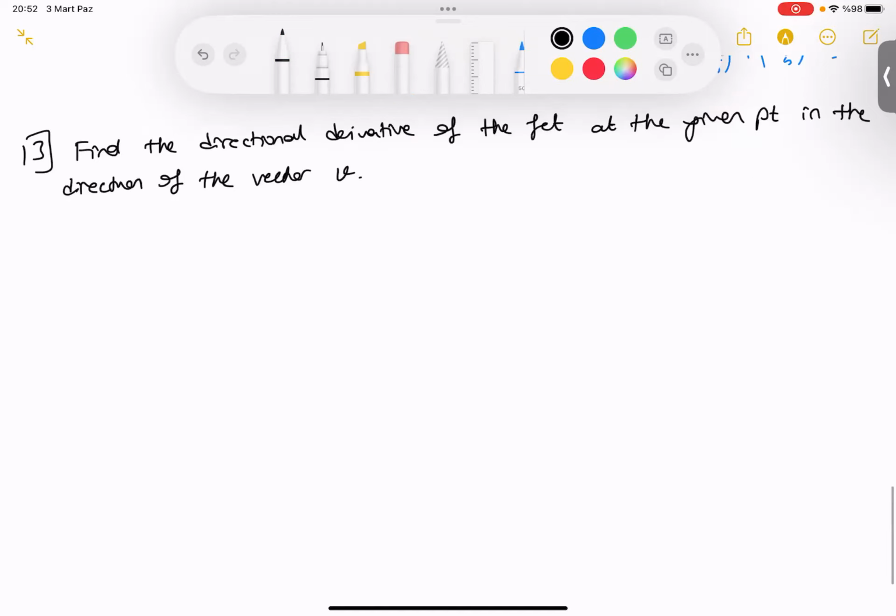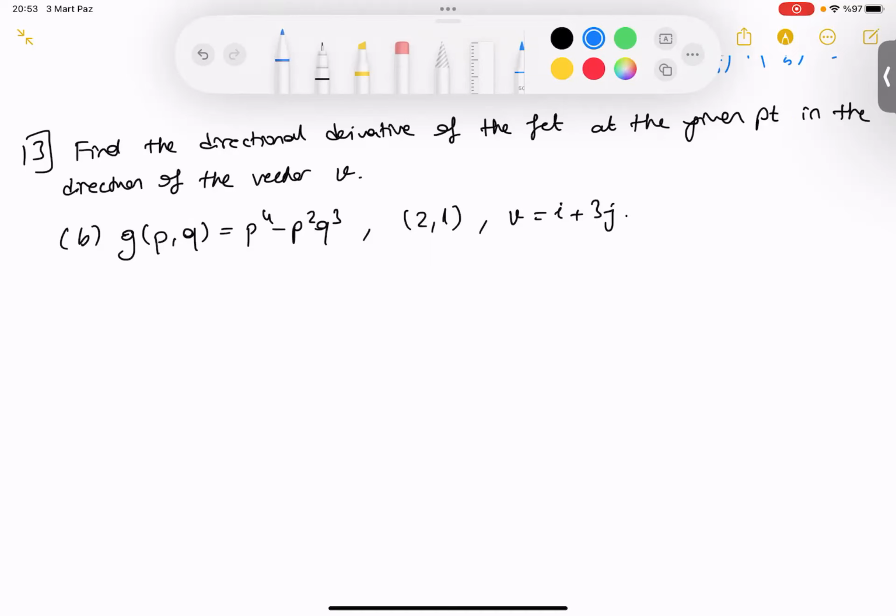Okay. We will solve part B again. We're given g of p, q defined by this. And the given point is 2, 1, and v equals i plus 3j.